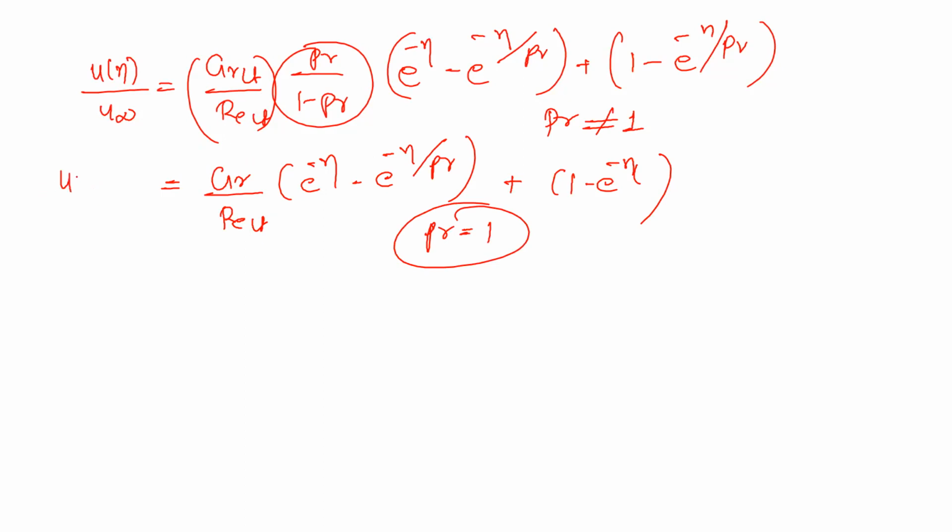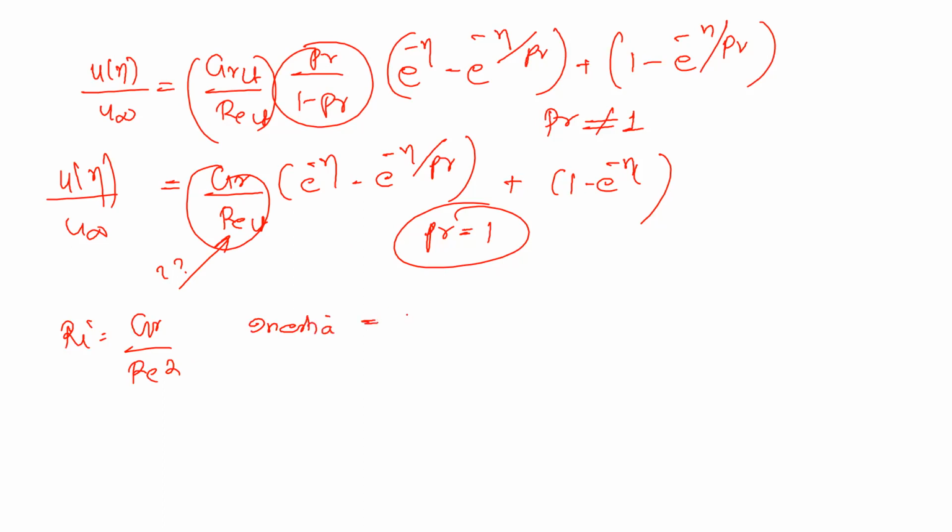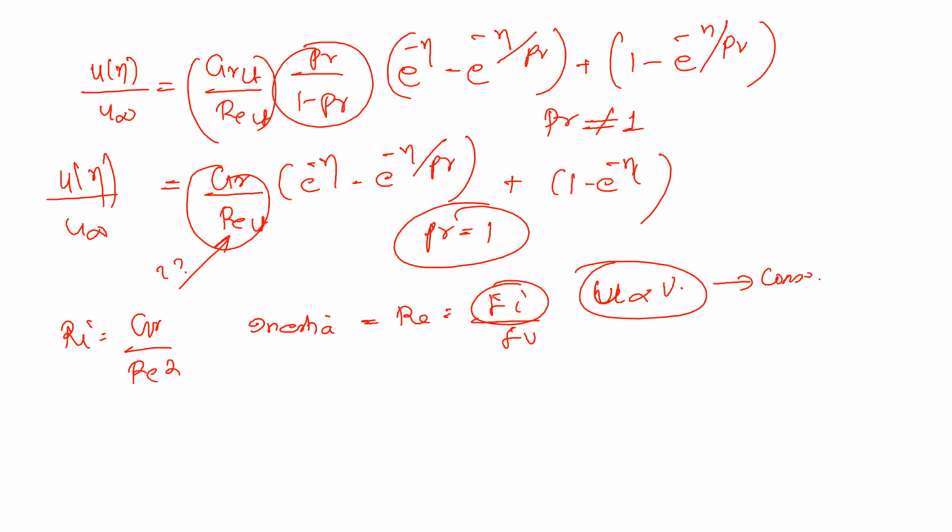You can note one important observation. We have talked about the Richardson number, which is Grashof by Reynolds square. But here you see it is Grashof by Reynolds only. Why is this? Because Reynolds number is the inertia force by viscous force, and in the inertia force, U is proportional to V only from the conservation equation, because the suction velocity is constant.